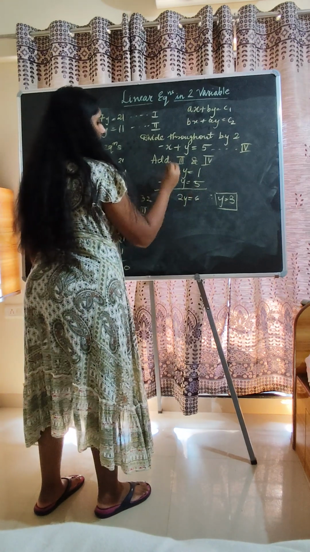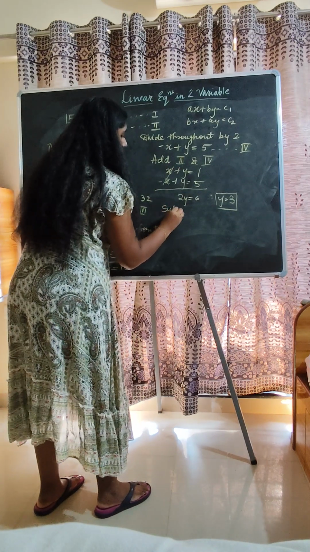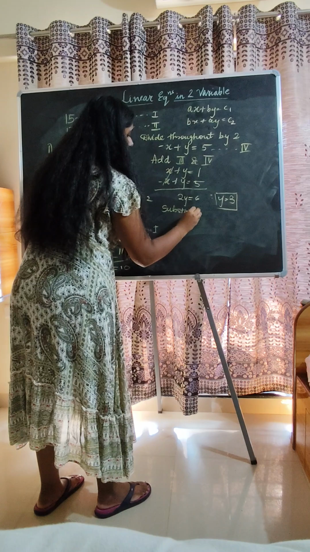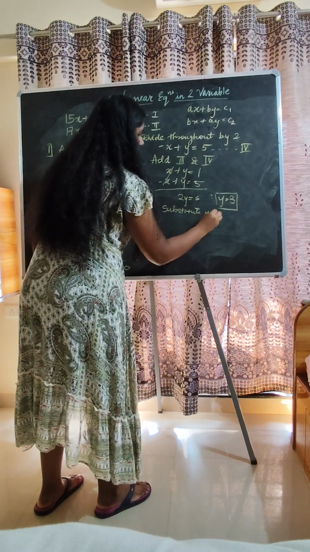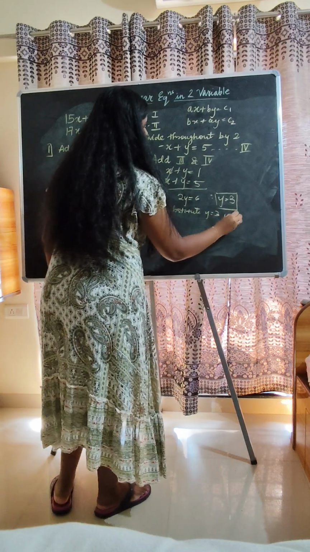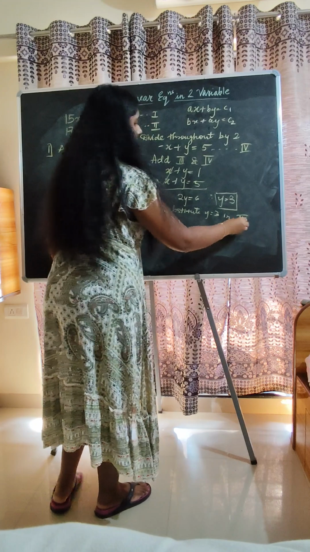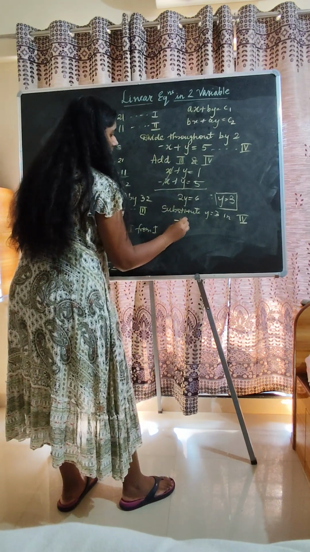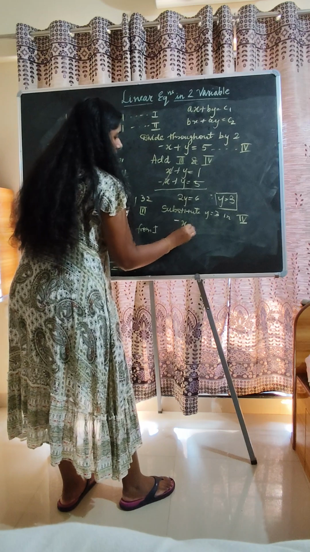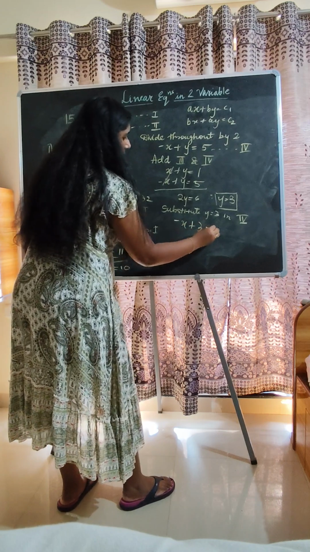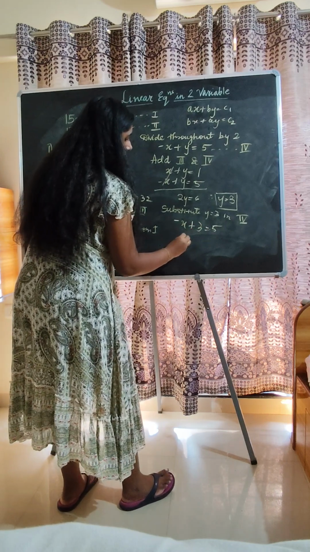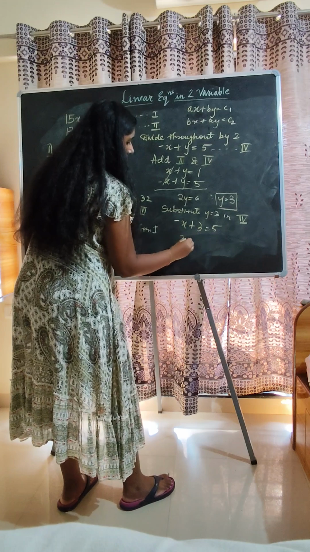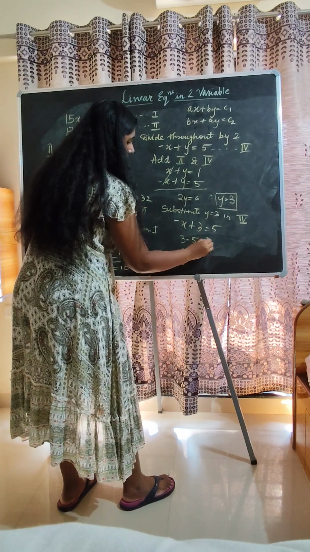Now you need to find x. So substitute y is equal to 3 in 4 or in 3, whichever you want. So you will get minus x plus 3 is equal to 5, and if you come this side, 3 minus 5 is equal to x.